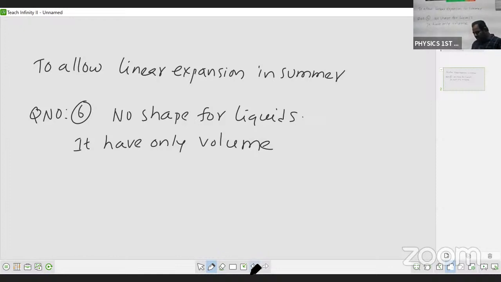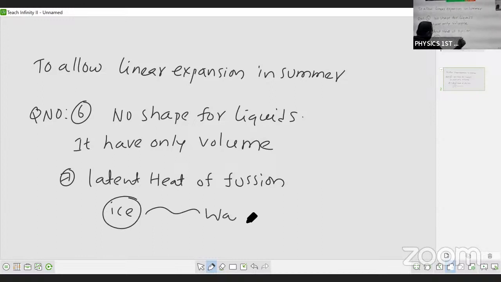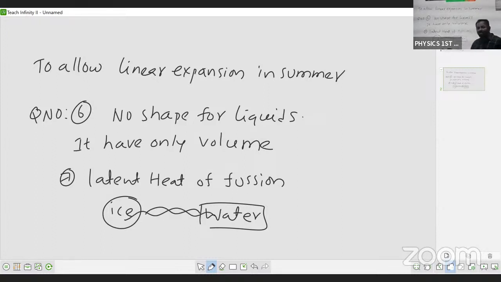Next, latent heat of fusion, latent heat of vaporization. First, latent heat of fusion. The amount of heat required for a solid, nothing but ice, to convert from solid state to liquid state.